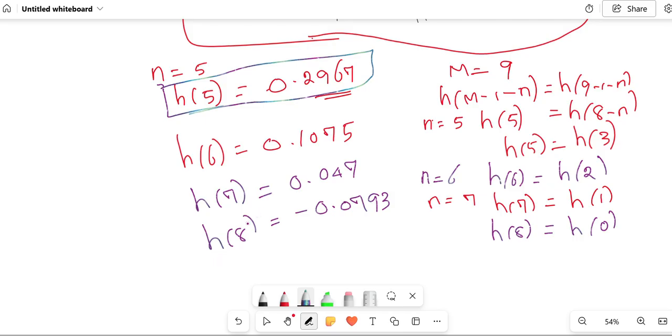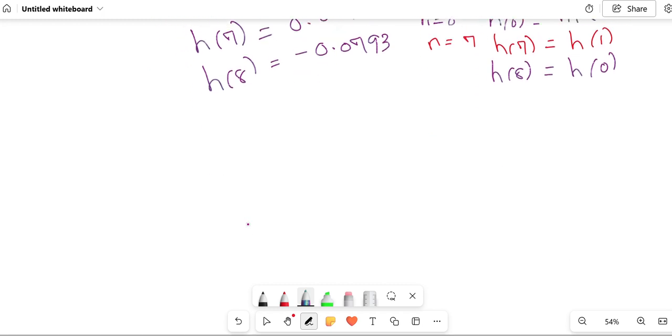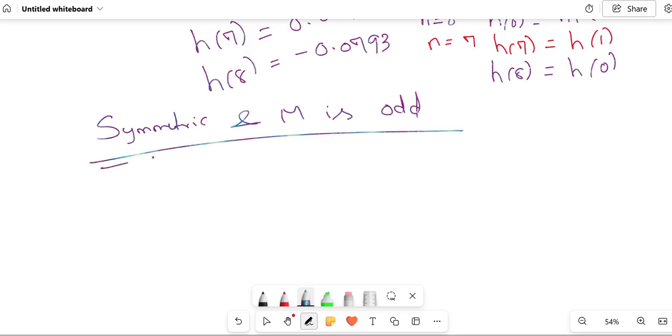Okay, since it is symmetric and m is odd, we get the sequences h of 0 onwards. Now you can find the magnitude response. For the symmetric condition with m odd, you have to write the formula.